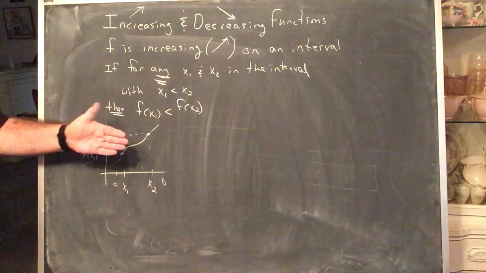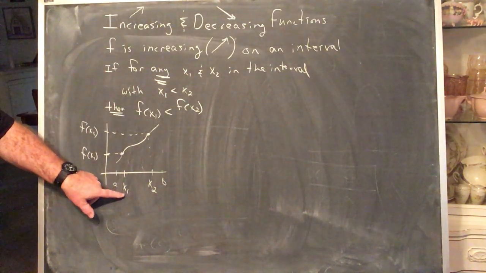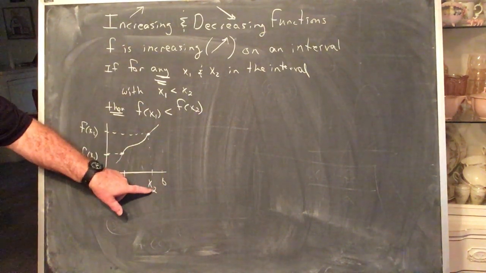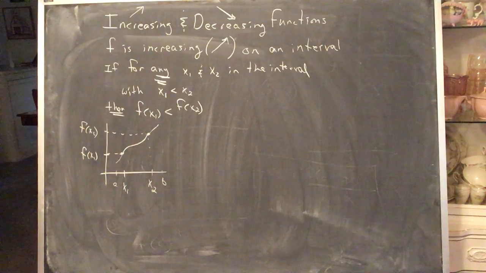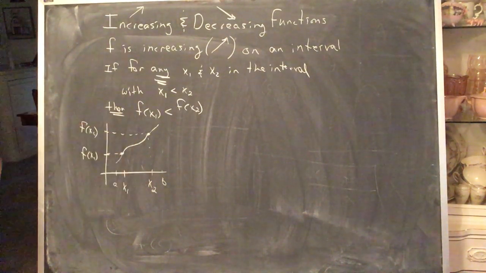As you go from left to right, you're getting higher and higher on the y-axis. Small x values correspond to small y values, and large x values correspond to large y values. Small goes to small, large goes to large. So that's the definition of an increasing function.